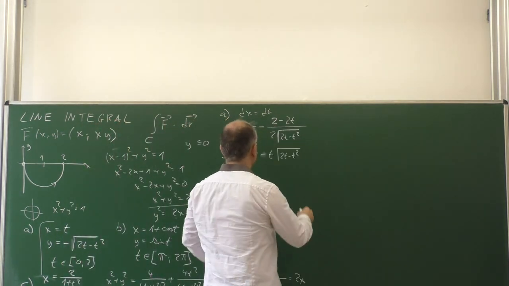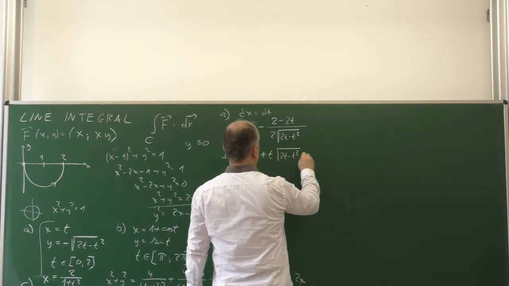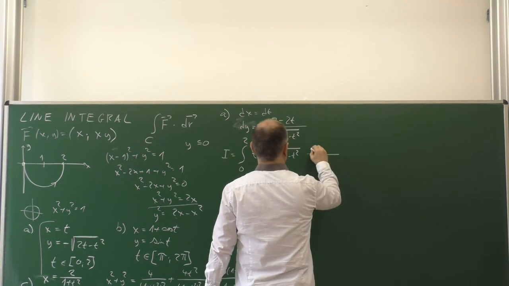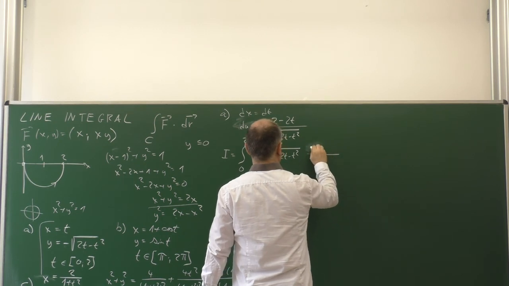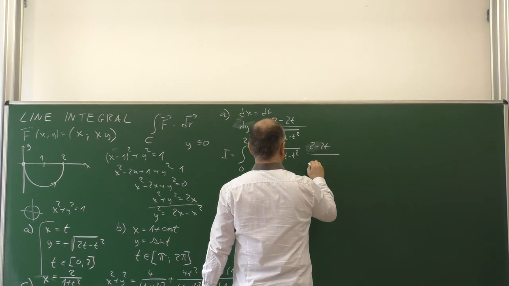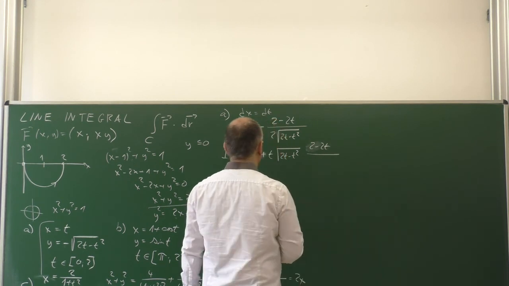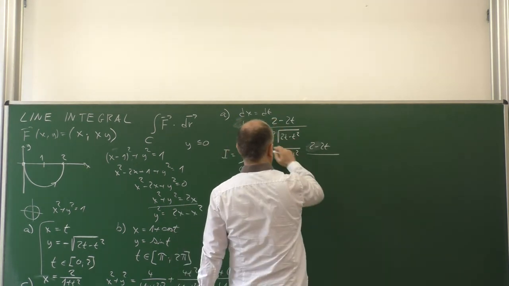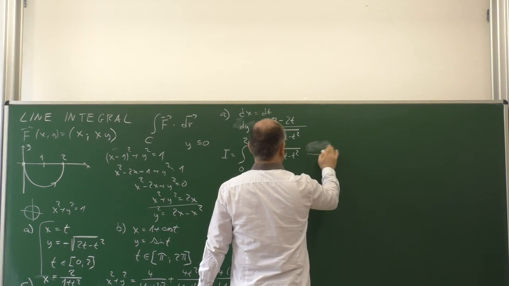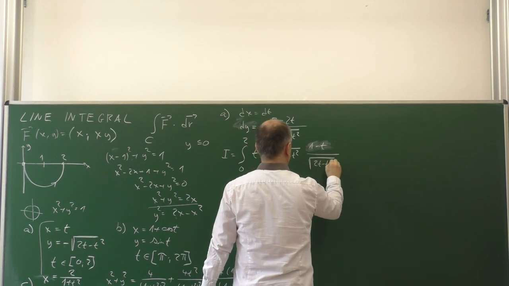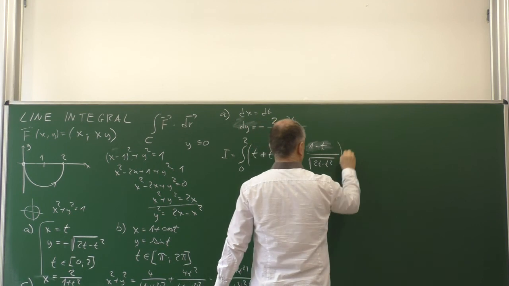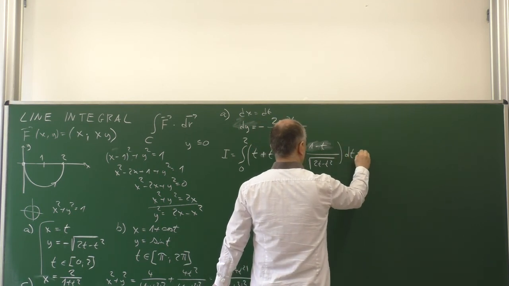which is here, so minus minus gives again plus, and we can factor out 2, and we have, we can leave it as it is, 2 minus 2t, yeah, still we can reduce 2, and we have 1 minus t square root of 2t minus t squared dt.